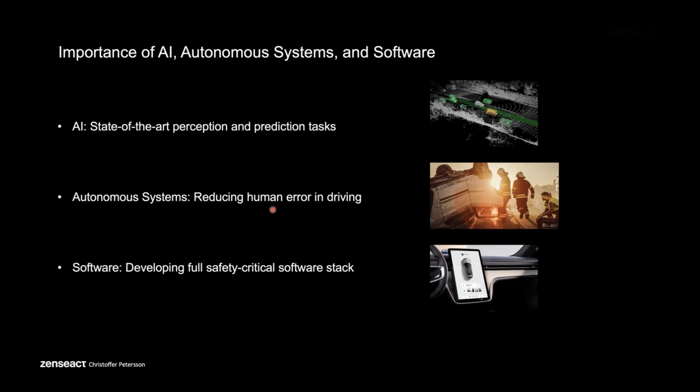So often the driver is inattentive, perhaps watching the phone or speeding or driving under the influence. So in order to really achieve this vision of zero collisions, we do need to eliminate the human error. So therefore, these vehicles need to become increasingly autonomous. And we are the software company, so this is what we do.